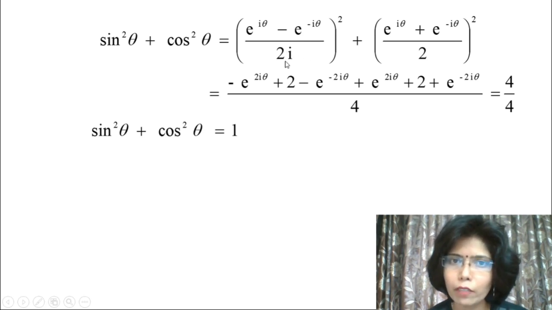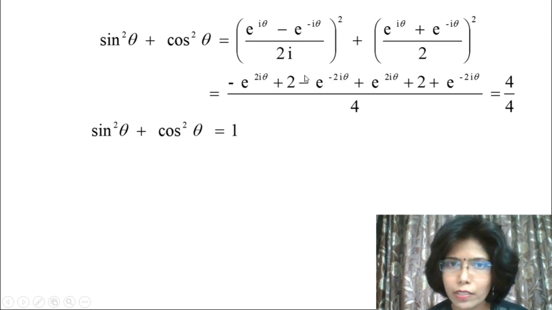If we square it, it will be 4i square. Again i square is minus 1. So that minus will go to the numerator, so this plus will become minus. So it is minus e raised to 2i theta, and here it will be minus minus 2, so that will become plus 2, minus e raised to minus 2i theta.